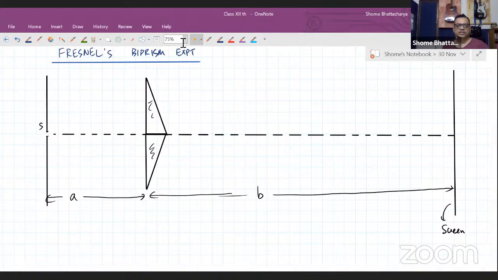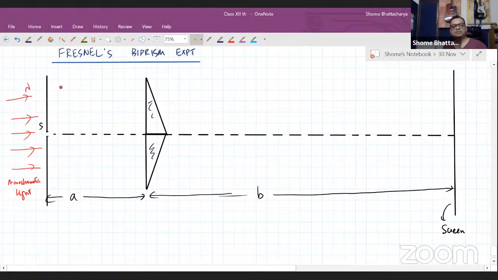So this is the basic experimental setup, and you have monochromatic light coming from a monochromatic primary source which illuminates the slit, of wavelength lambda, let's say. Now this is the biprism, which is basically two right angled prisms.